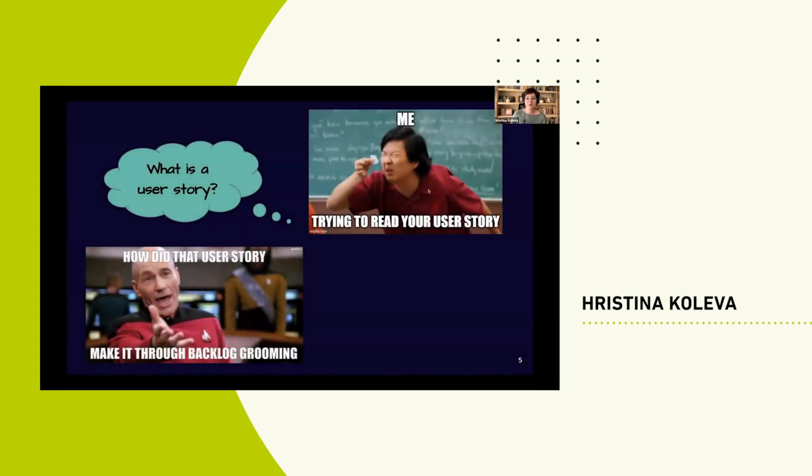First things first, what is a user story? Why do we still talk about these user stories? Isn't it clear? It's one sentence. Well, the user story is a nasty little piece of text. Why is it a nasty one? Because it's so well known. It looks so simple that we can't imagine we can get it wrong.